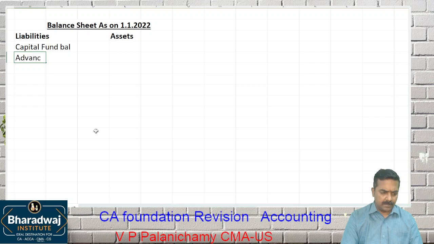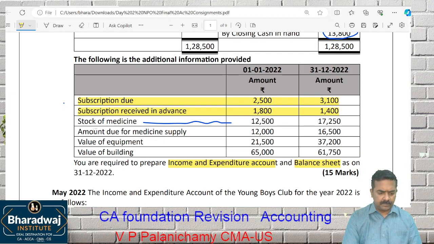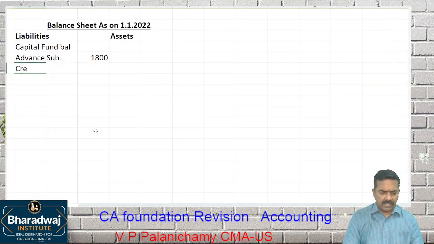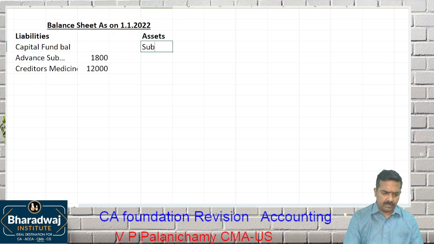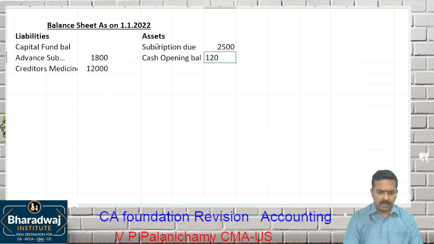Advance subscription 1800. அப்புறம் என்ன இருக்கு? Creditors for medicines 12,000. Then what else is the liability? That's it. Asset subscription due 2,500. அப்புறம் opening balance of cash 12,000.